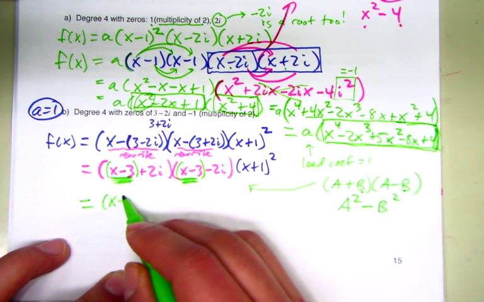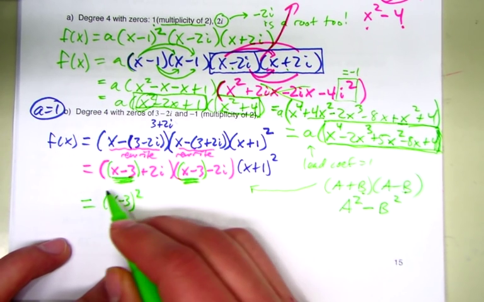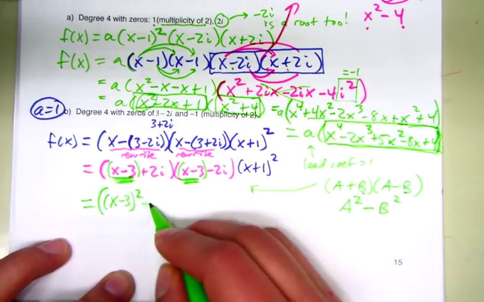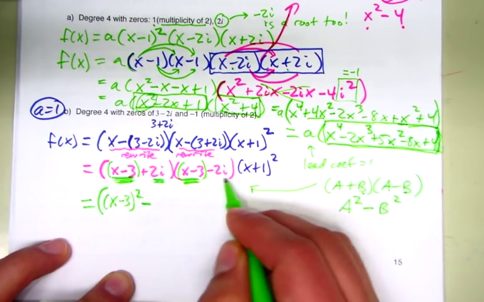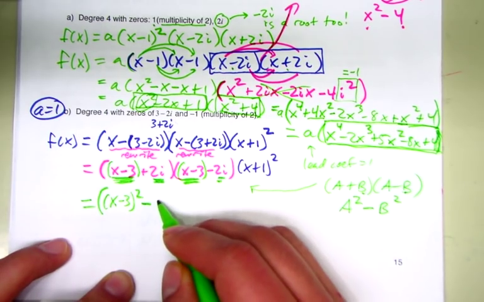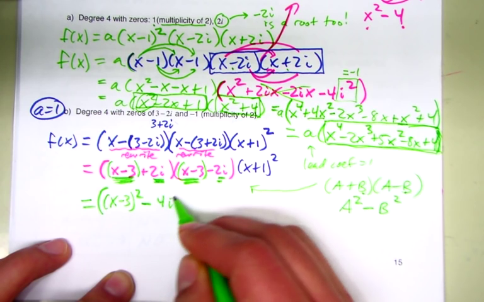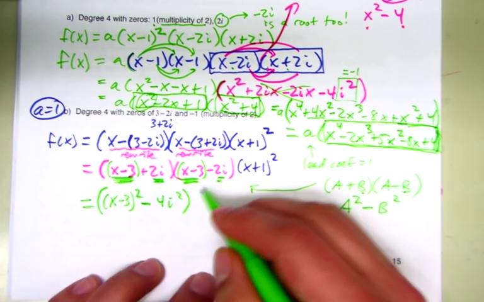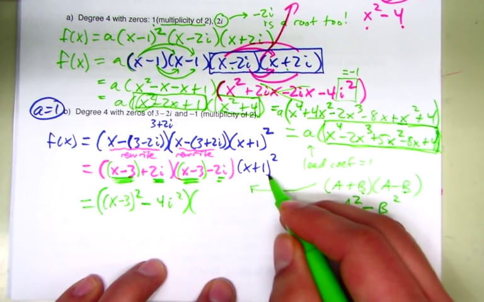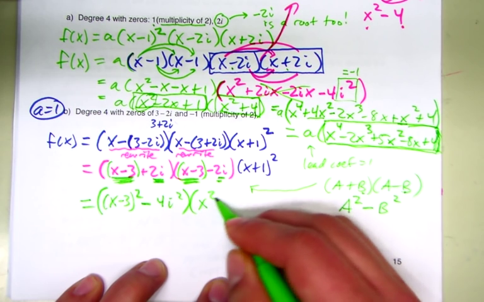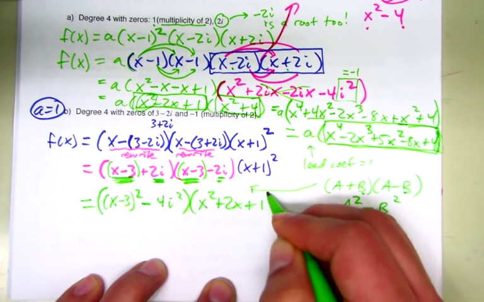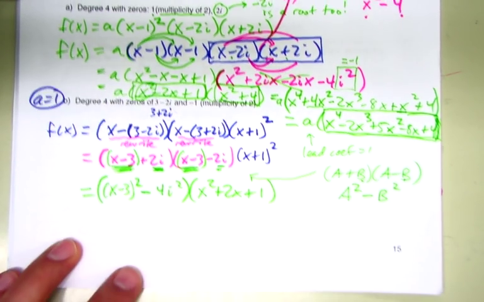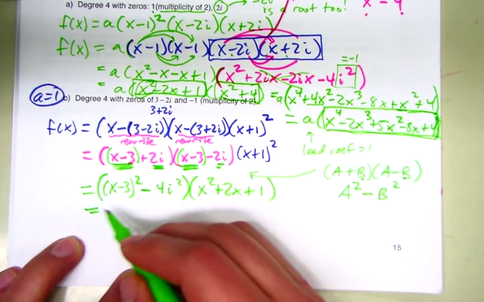So it's going to be x minus 3 squared minus the second term squared. So that'll be 2i squared. Okay, and then if you FOIL that out or distribute, that's going to be x squared plus 2x plus 1 over here.